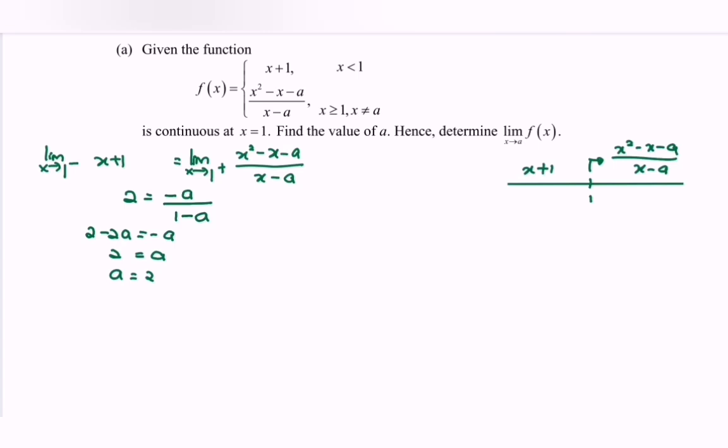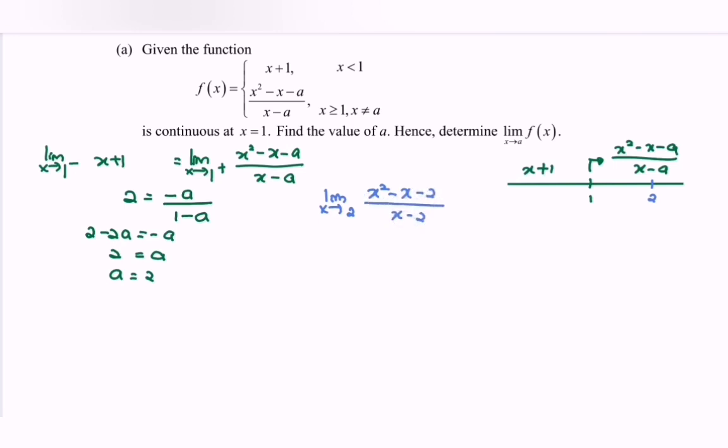Hence, determine the limit when x approaches a. So here, the limit when x approaches a is the limit when x approaches 2 for the function f(x). Referring to the real number line, here we have the 2. So we mean (x squared minus x minus 2) over (x minus 2).